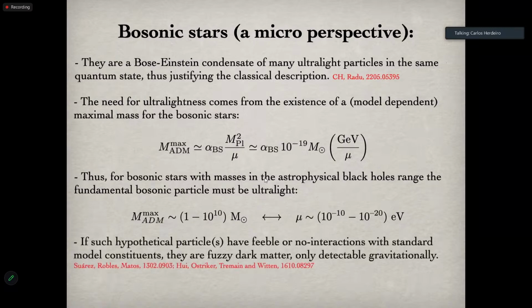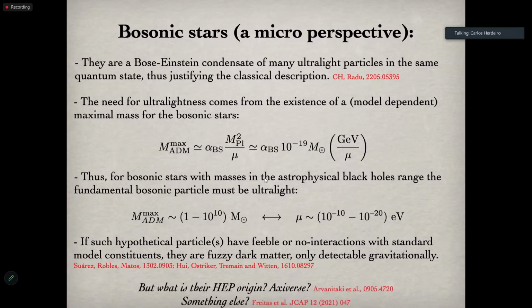Now, if such hypothetical particles have feeble or no interactions with standard model constituents, they are fuzzy dark matter and likely only detectable gravitationally. Of course, a very important question is, what is their high energy physics origin? How can you have such light masses in a consistent model and protected from all sorts of corrections?